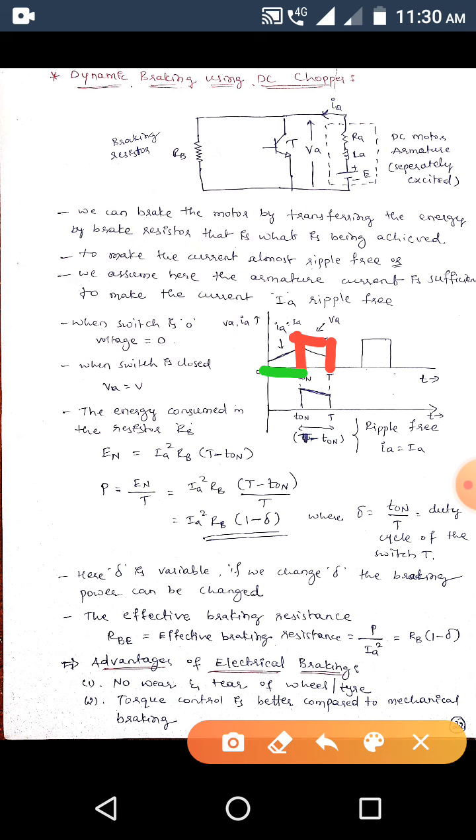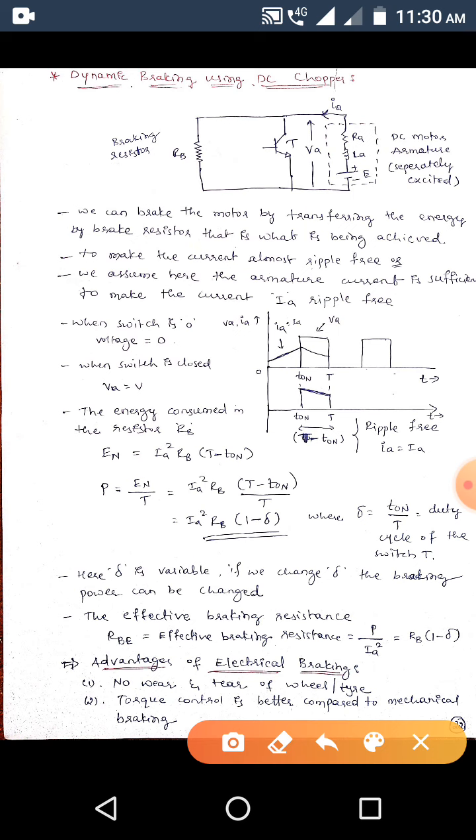Now after turning on or closing the thyristor switch, we have the voltage here. Then the cycle repeats: 0 when it is open, and the voltage when the switch is closed. This is Va, the armature voltage across the winding.